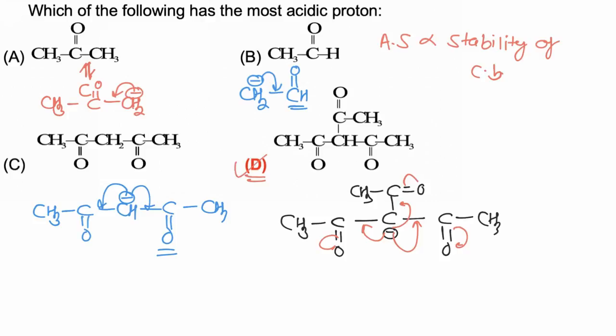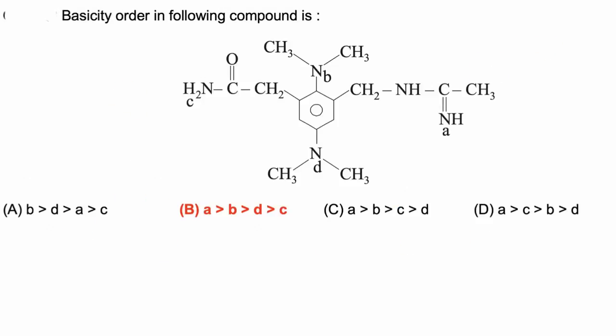This molecule has various nitrogen atoms which have lone pairs. Now we have to compare which of the following is most basic and which is least basic. We have to arrange these nitrogen atoms according to basic strength. Now, if the lone pair is not involved in resonance, then basic strength will be high.